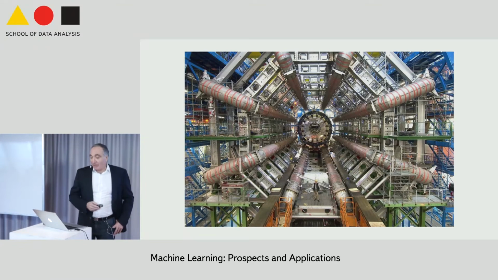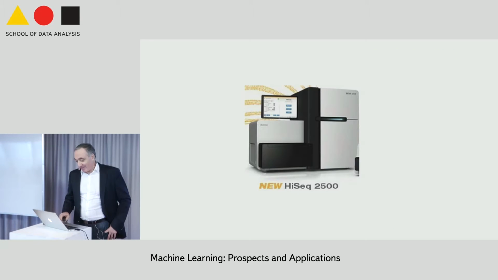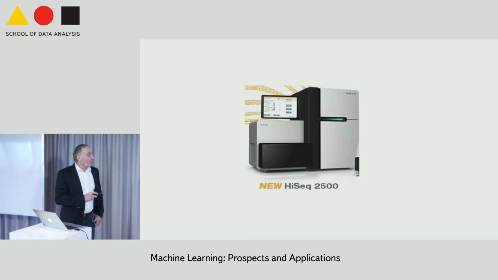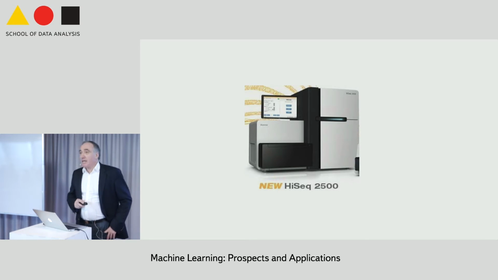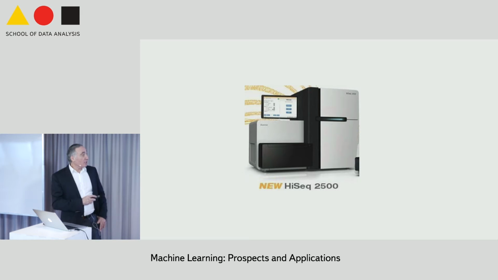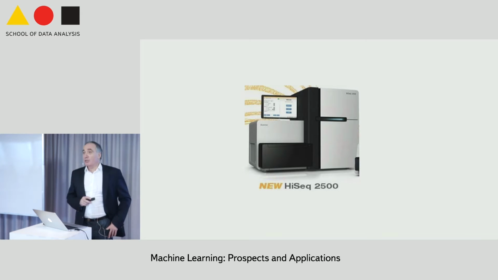But just to give you an idea of how things have changed, you cannot buy this on Amazon. No, I'm sorry. This you can buy on Amazon. It's a DNA sequencer produced by Illumina. And today, in one afternoon, you can sequence a full human genome on this machine for less than $1,000.